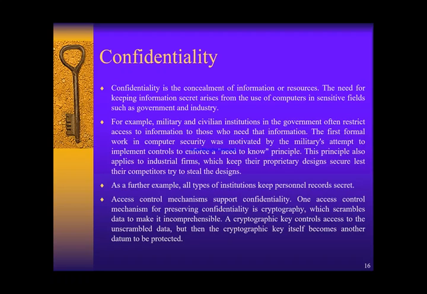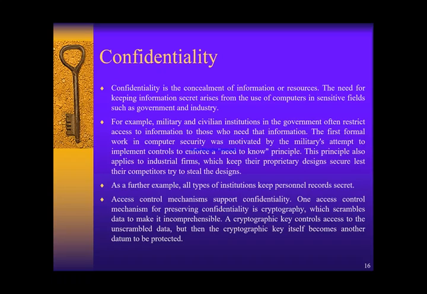The first formal work in computer security was motivated by the military's attempt to implement controls to enforce a need to know principle. This principle also applies to industrial firms, which keep their proprietary designs secure lest their competitors try to steal the designs. And as a further example, all types of institutions keep personal records secret.